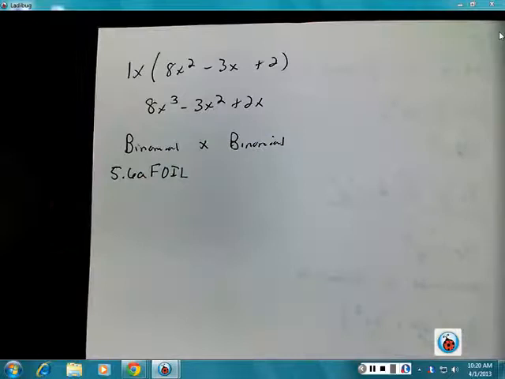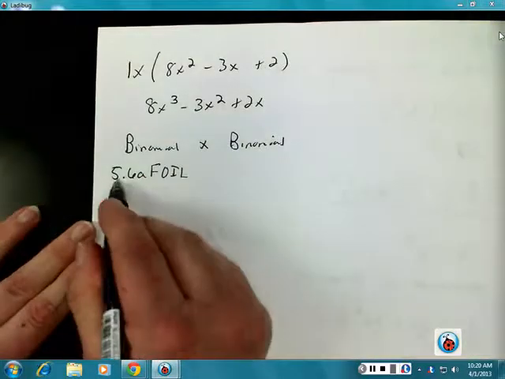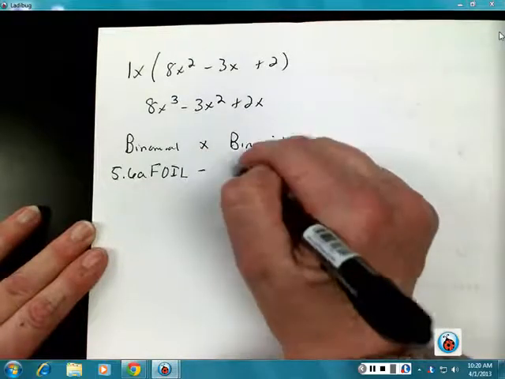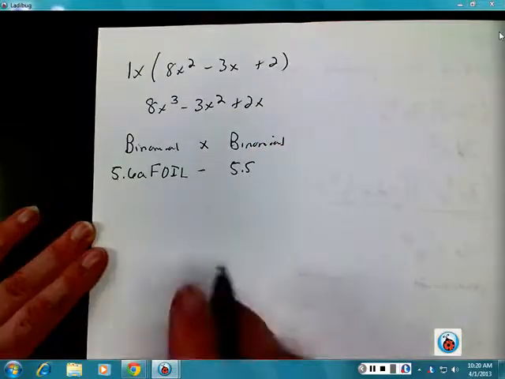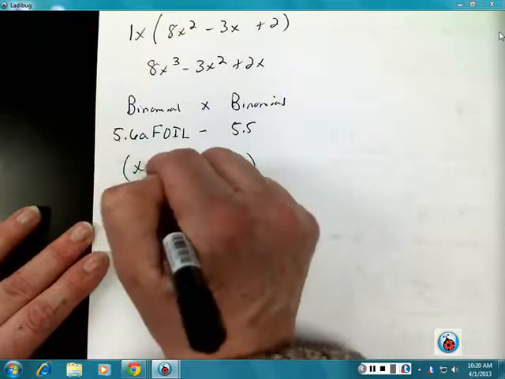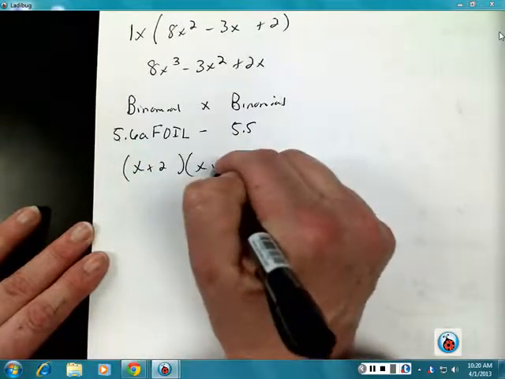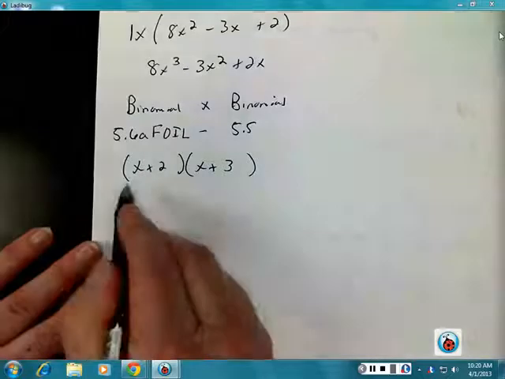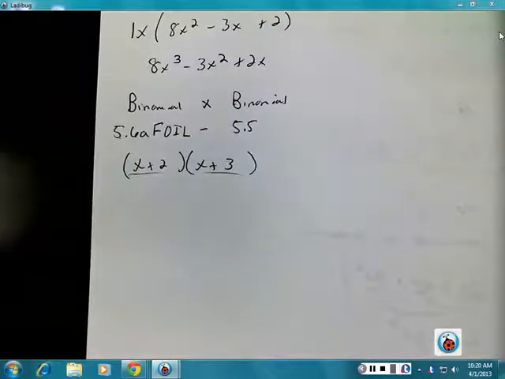I'm not quite certain why Hawks broke it apart, but you have it in 5.6a and you also have it in 5.5. So binomials look like x plus 2 times x plus 3. If that's a binomial, I have my two pieces in there.